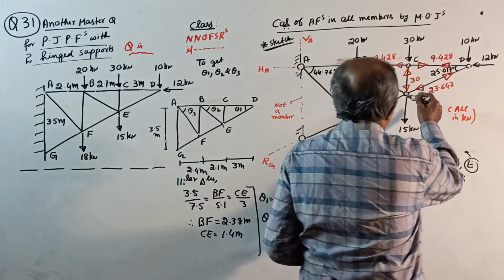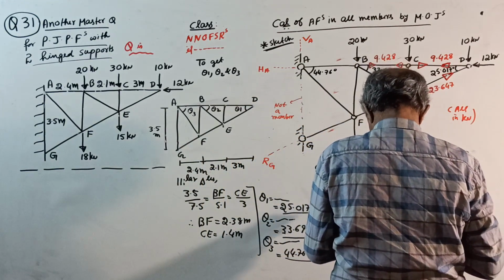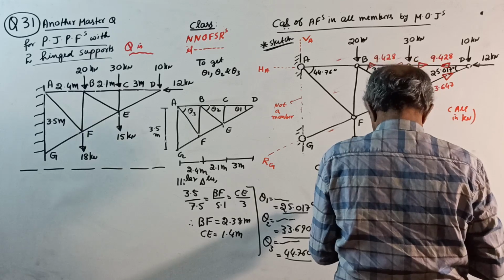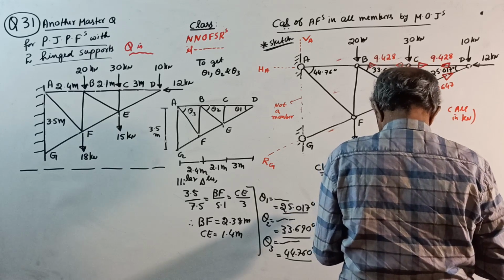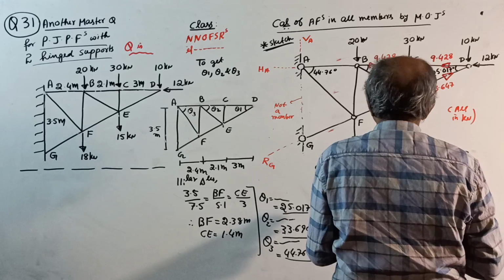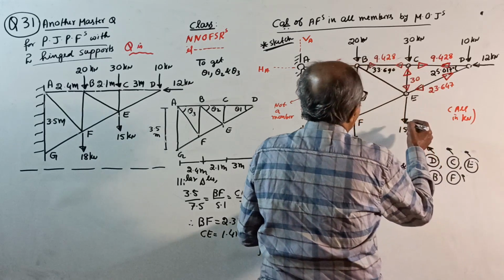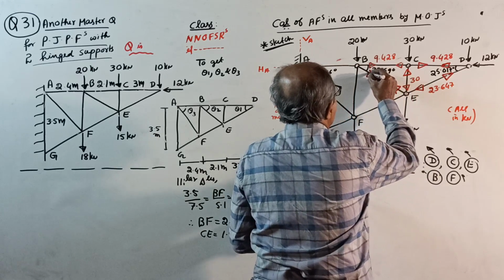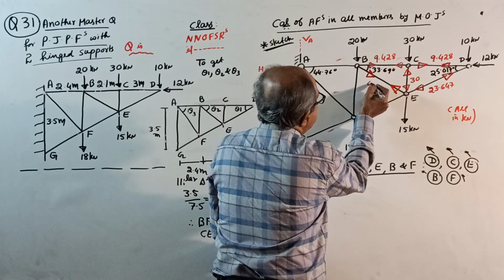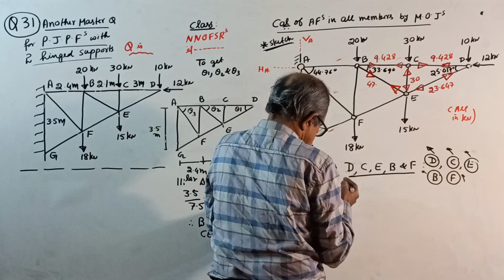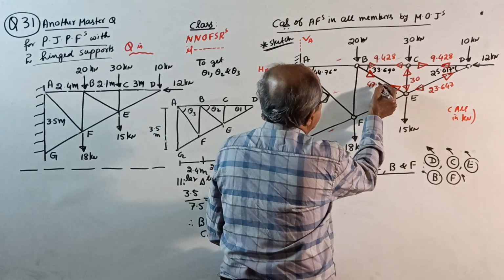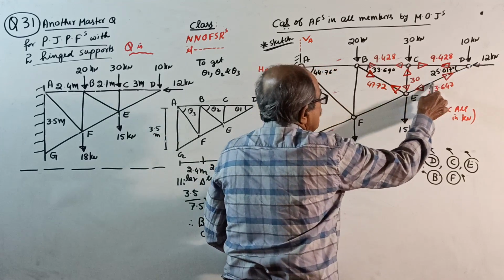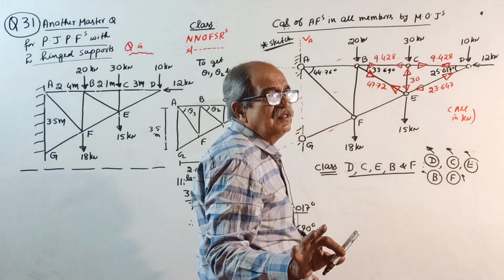Okay. I will resolve. 47.720, something, okay, 72. I got this by resolving perpendicular to this member. You don't try all these things.